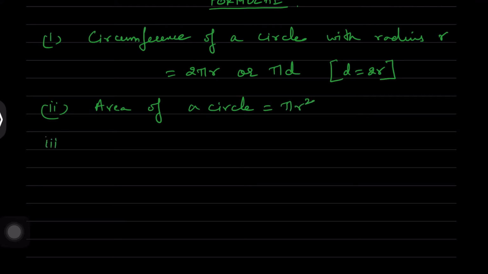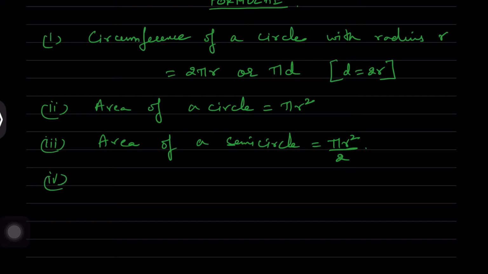Then the third one, area of a semicircle, which is equal to pi r square by 2. Then the fourth one, perimeter of a semicircle, which is equal to pi r plus 2r.